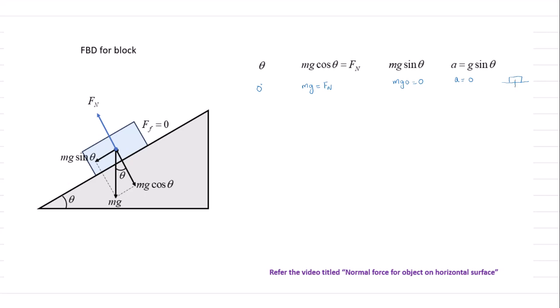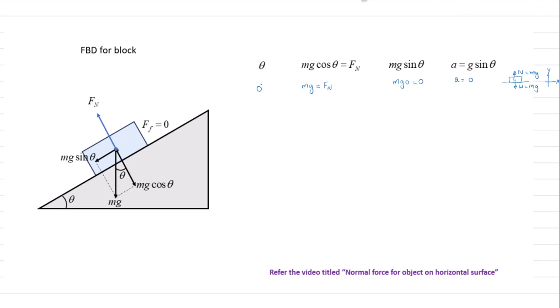One is the weight of the object acting vertically down, weight given by mg, and the normal force by the ground on the object, which is N, which will also be in magnitude equal to mg. And there will be no motion of the object along x or y direction. So in this case, our x-axis translates in this direction and y-axis translates along this direction.